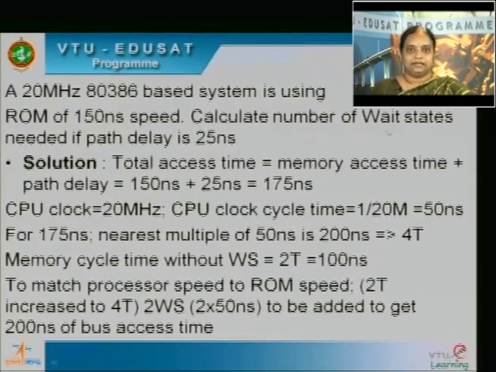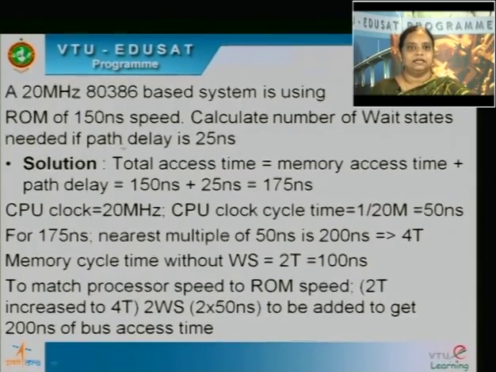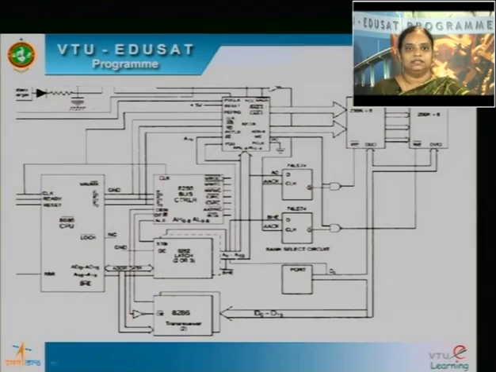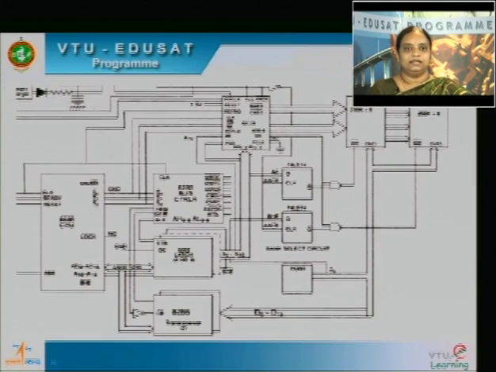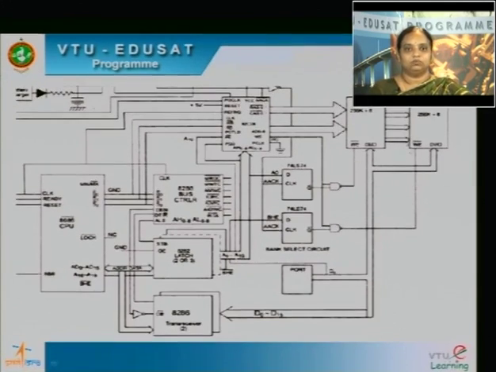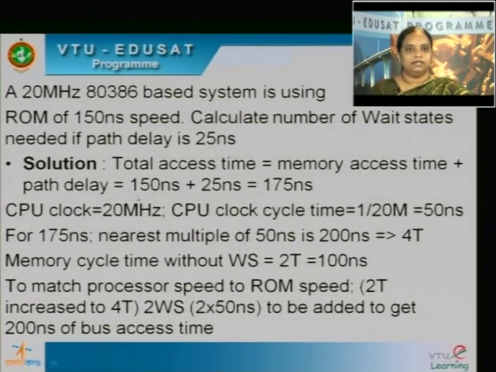Now we have to calculate the number of wait states needed if the path delay is 25 nanoseconds. So in this example, this ROM requires 150 nanoseconds. This path delay is 25 nanoseconds. So the total delay here is 25 plus 150, that is 175 nanoseconds.